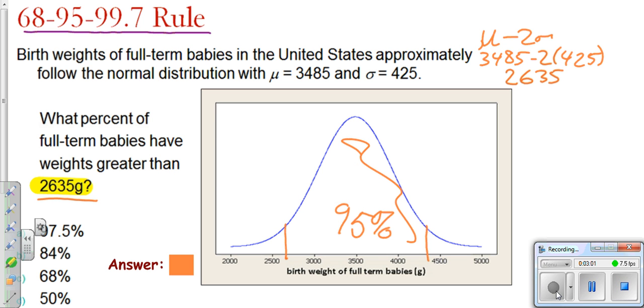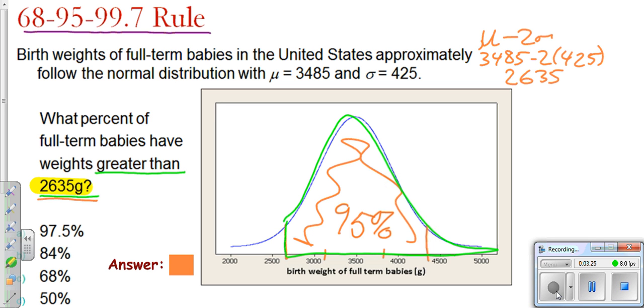So that's all in here, 2 standard deviations away from your mean on either side. Now, as we look over here, we are looking for greater than this. So that means we are looking for this whole area right here. Well, we know that 95 is within 2 standard deviations on each side.